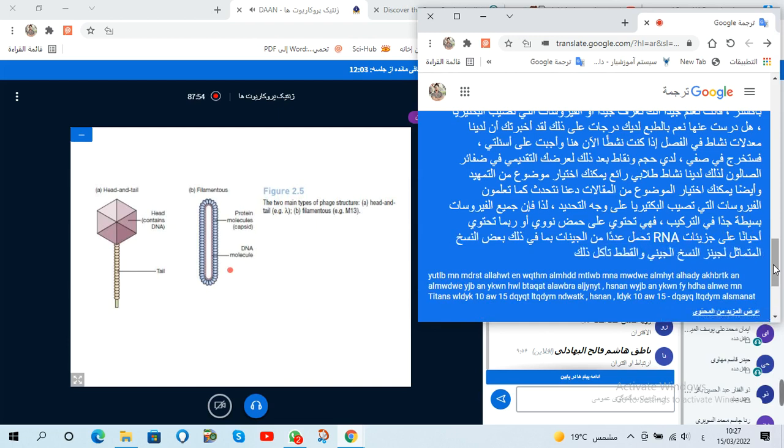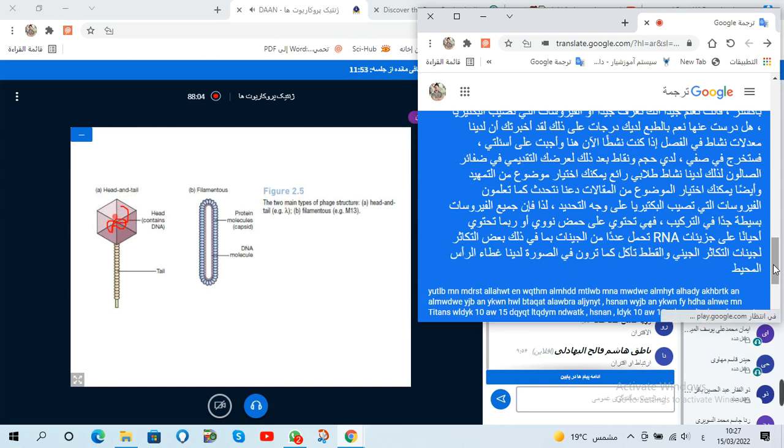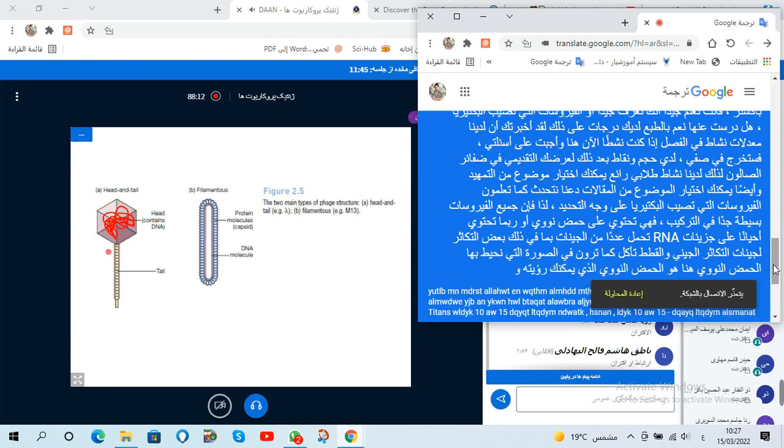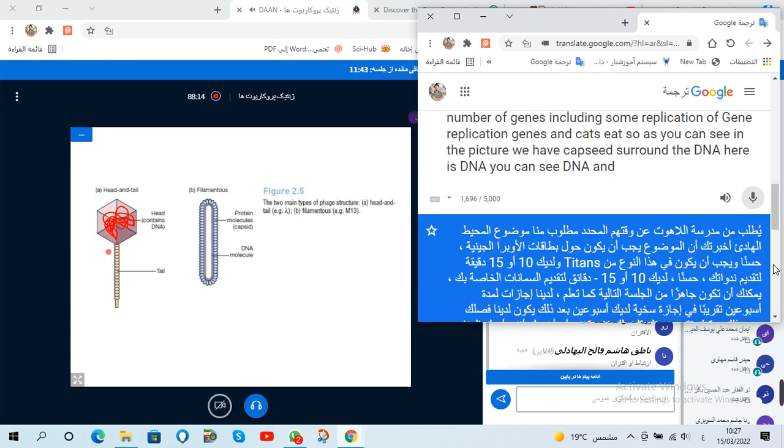As you can see in the picture, we have a capsid surrounding the DNA. Here you can see the DNA, and it's surrounded by the capsid.